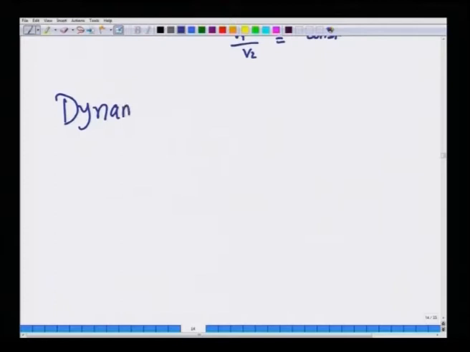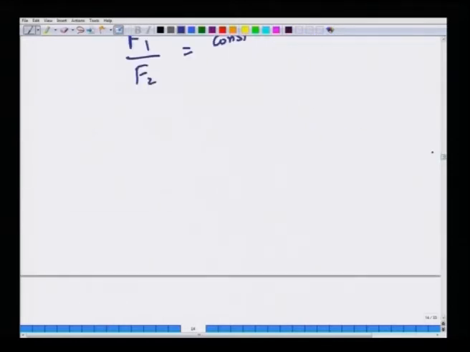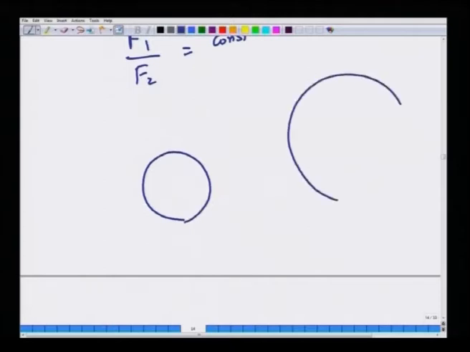Finally, we come to dynamic similarity. In dynamic similarity, the forces are off by a constant scale factor at all corresponding points. Suppose you look at two spheres. Okay.